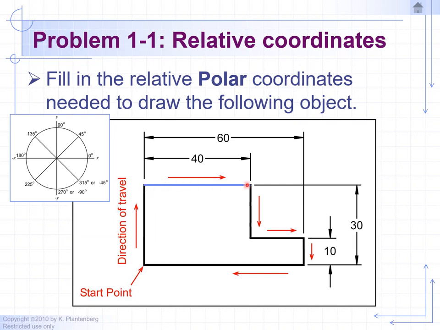To generate the next line, which has a length of 40, using relative polar coordinates, we're going to type in @. So that lets AutoCAD know that it's with respect to the last point we created. We're going to go a length of 40 at an angle of 0. So it's going to stay in the same location at 0 degrees horizontally.